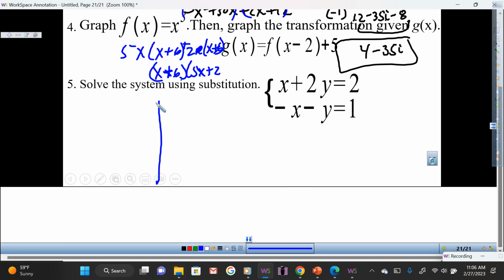Number 4. We graph the parent function of f of x equals x cubed. There it is. And according to this, where are we going to move that to? Dylan, where are we going to move it to according to this?